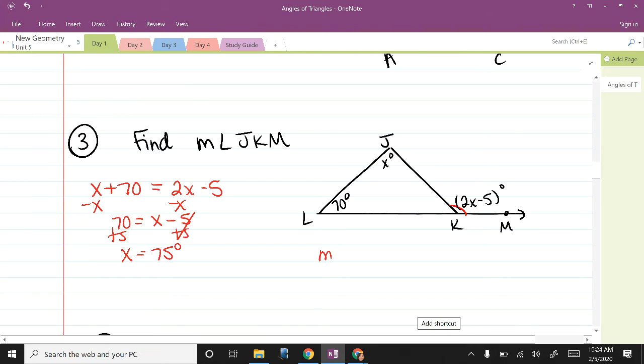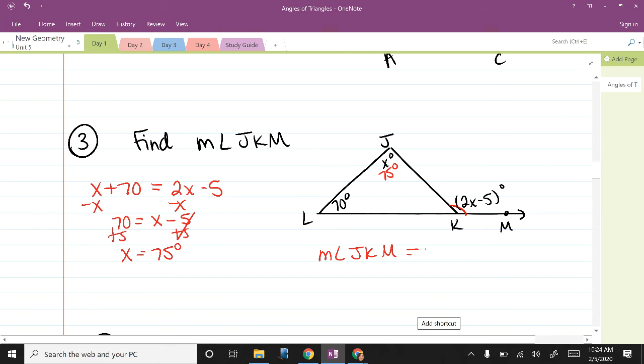Somebody tell me one way I could do it. 70 and 75. Yes, because I know this is 75, right? Or I can plug it in also, right? 2 times 75 minus 5. Either way, that should be 150 minus 5, 145. And that also is 145 degrees, isn't it?